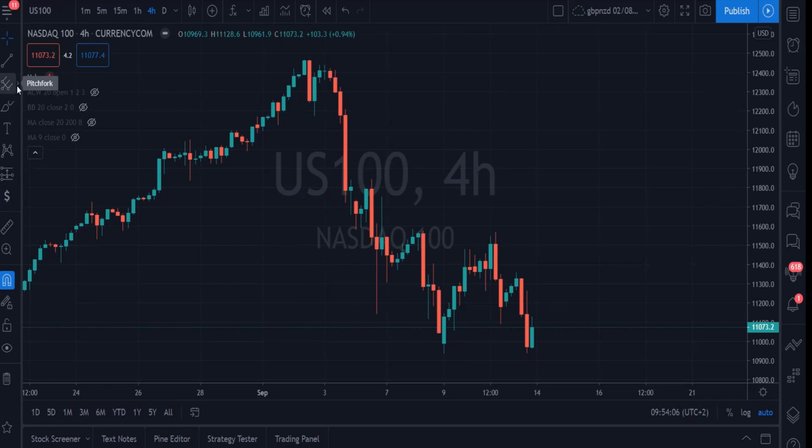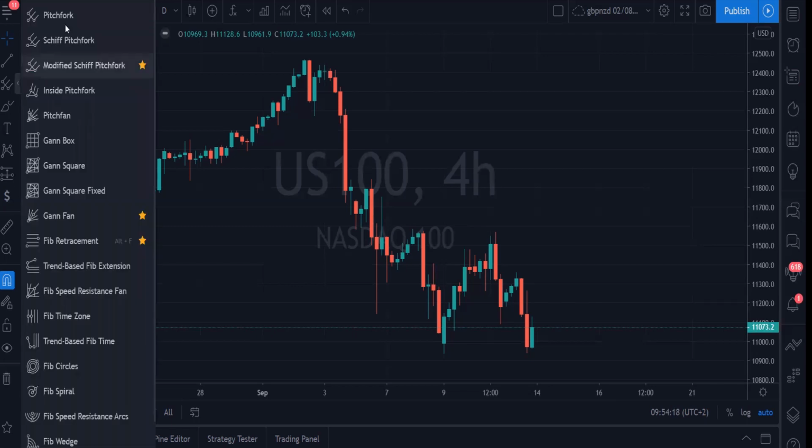On the left-hand side here, the writing coming up there is called Gann and Fibonacci tools. Okay. Can you see that? Yes. When you click on that, you can see right on top there's something called pitchfork, Gann fan, further down, then Fib retracement. Can you see that? Yes. Okay, you click on Fib retracement, okay?